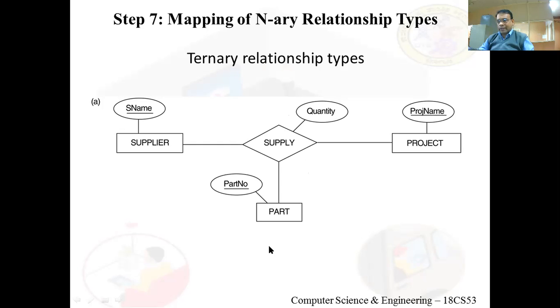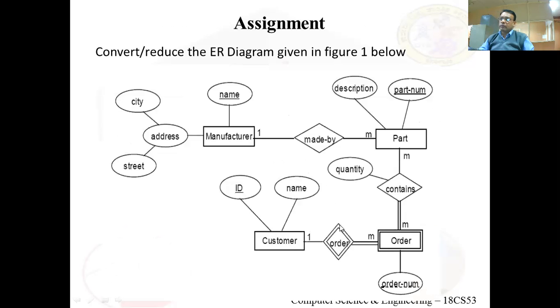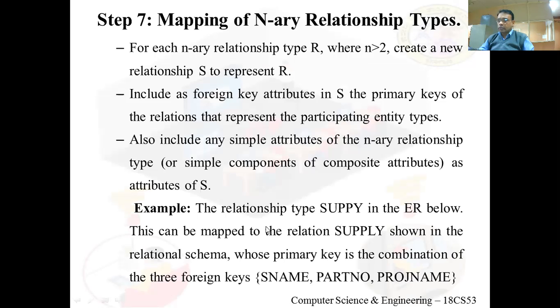Now I need to create a table in such a way that SUPPLY is the table name, supplier name, part number, project name as a composite primary key attribute, and quantity as the simple attribute. Also include simple attributes of the n-ary relationship type as attributes of S. So that's it. All the 7 steps are completed.